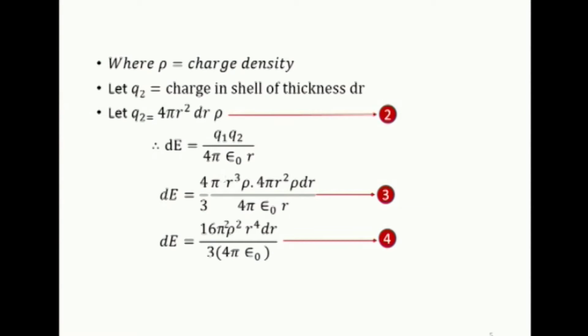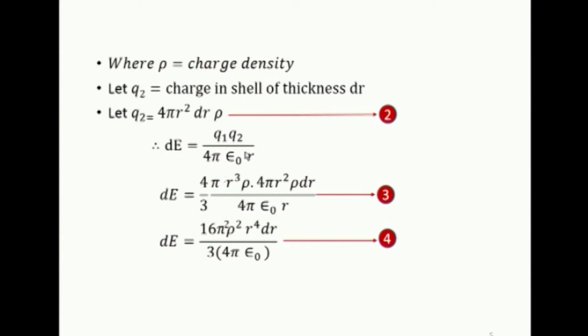That is the basic Coulomb law, Q1 Q2. Now we have already seen what Q1 and Q2 are, so we substitute those values here. Equations 1 and 2 are substituted in equation 3. This is 4 by 3 pi r cubed rho, and this is 4 pi r squared rho dr, divided by 4 pi epsilon 0 r.